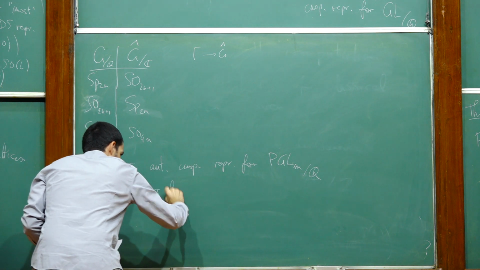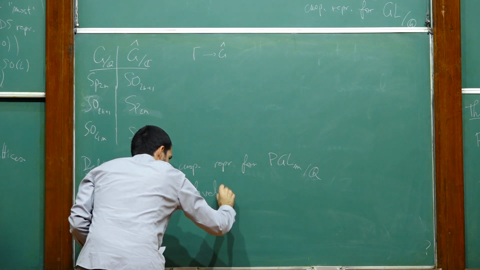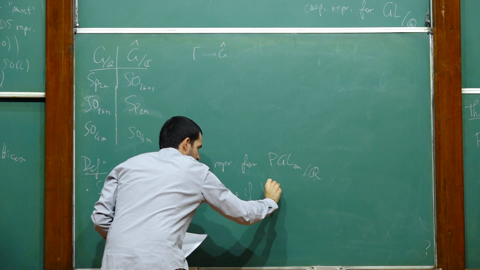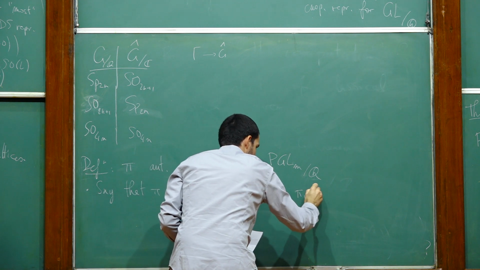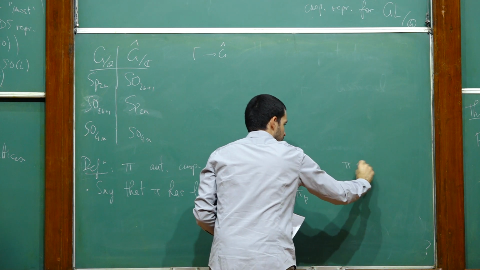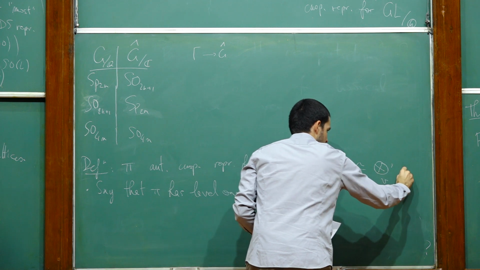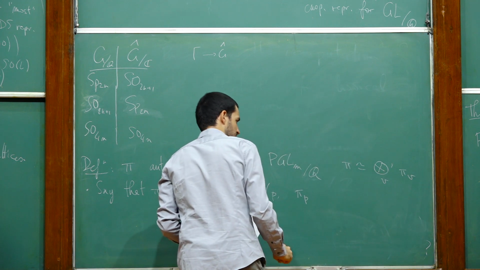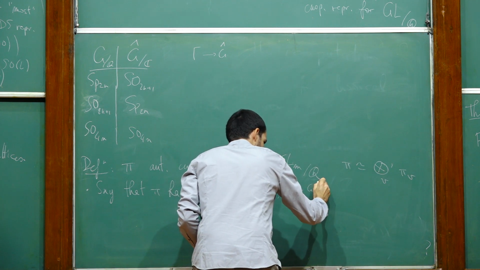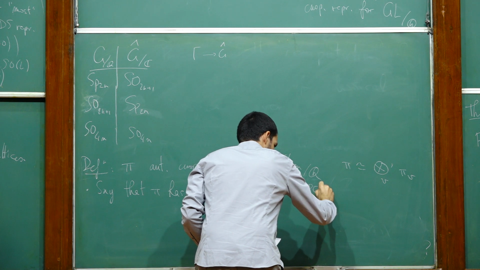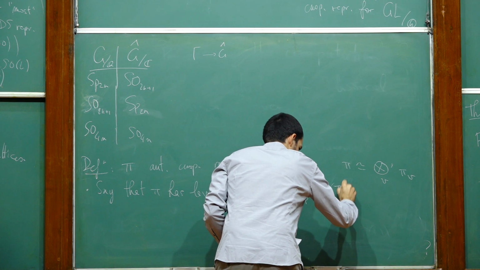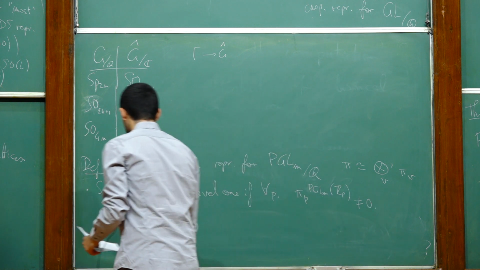We say that pi has level 1 if for any prime p it's unramified. So you decompose it as usual as a restricted tensor product. This has invariants under the hyperspecial subgroup.